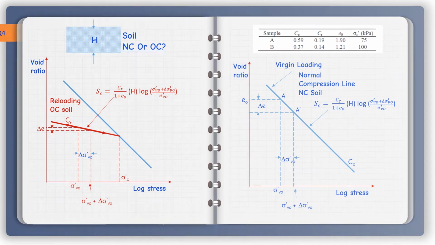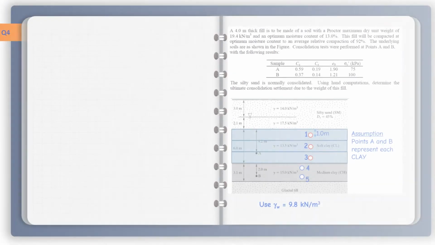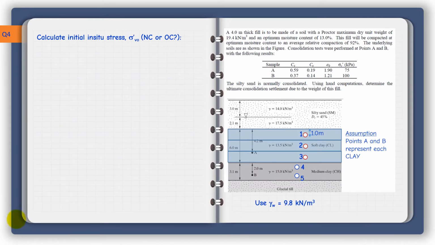So let us see how we can apply this to our problem. First, this top clay is 6 meters, and the bottom clay is 3.1 meters. These are relatively thick soils, and if we want to calculate an accurate settlement, it's a good idea to divide them into sub-layers.